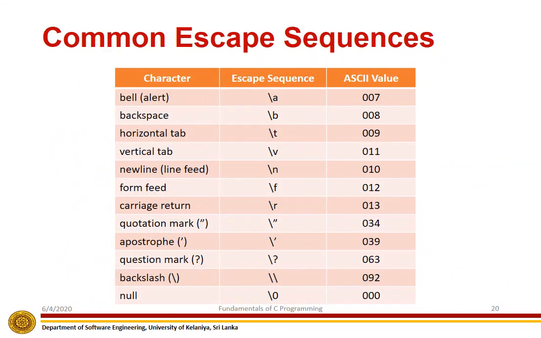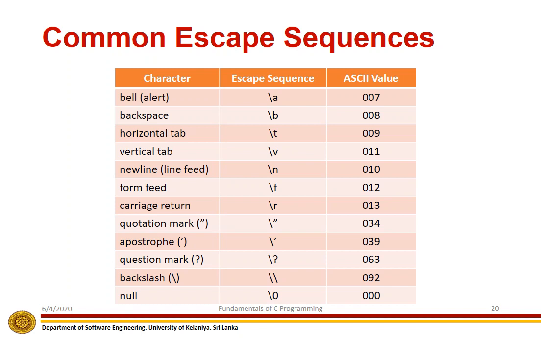Here you can see some common escape sequences. For bell or alert, \a. For backspace, \b. Horizontal tab, \t. Vertical tab, \v. For new line, \n. For form feed, \f. Carriage return, \r.